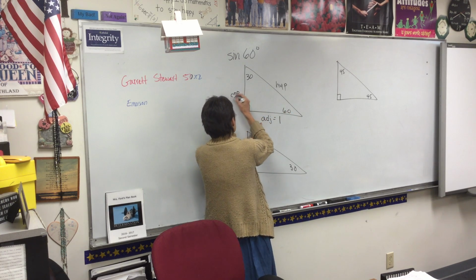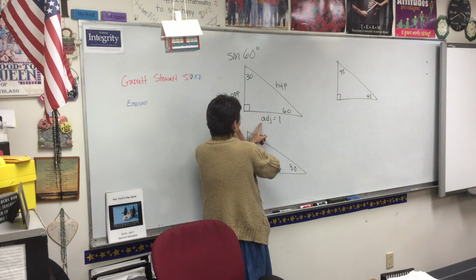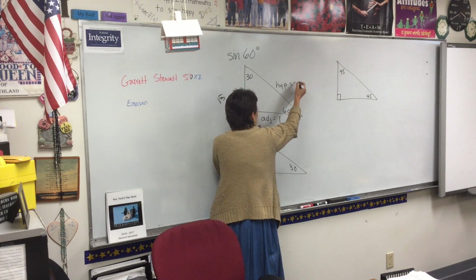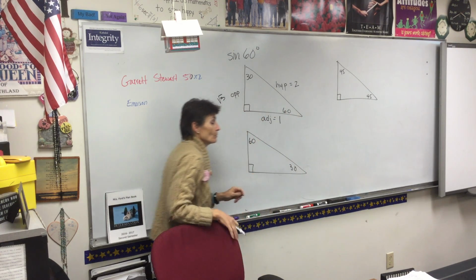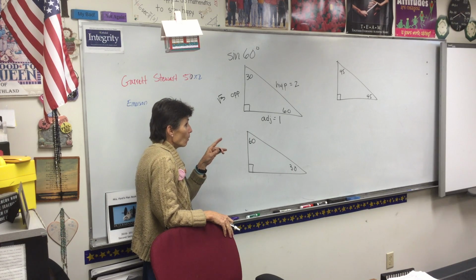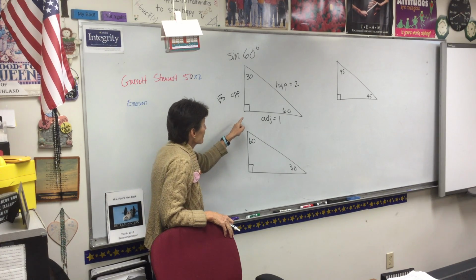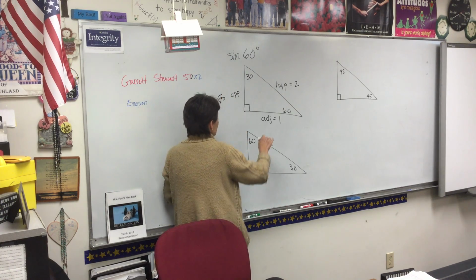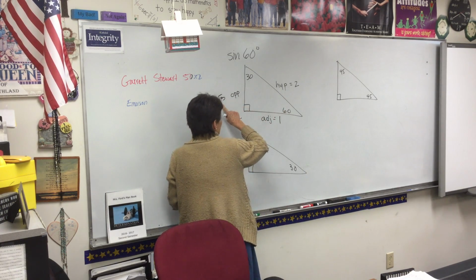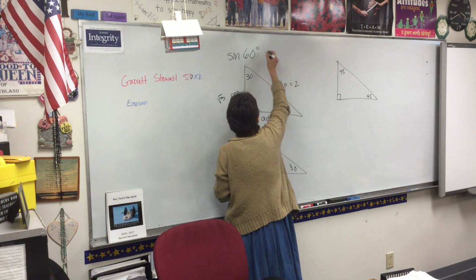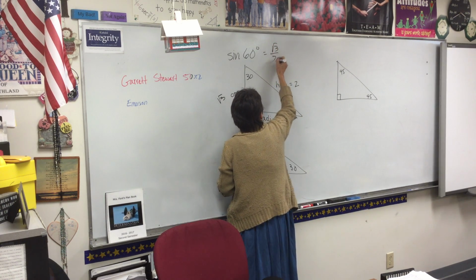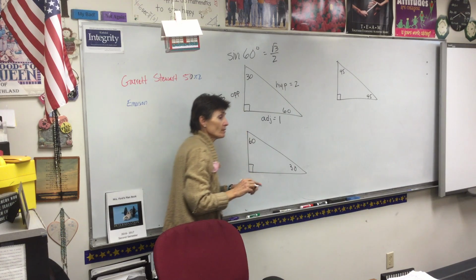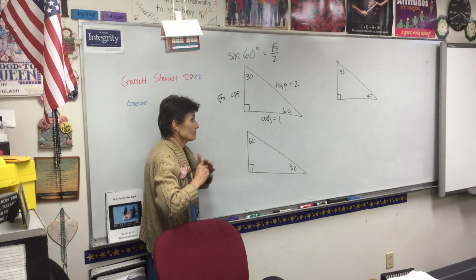Across from the 60 will be a √3. And the hypotenuse is 2. So, putting that together with SOHCAHTOA, you can tell me that the sine of 60 is √3/2.